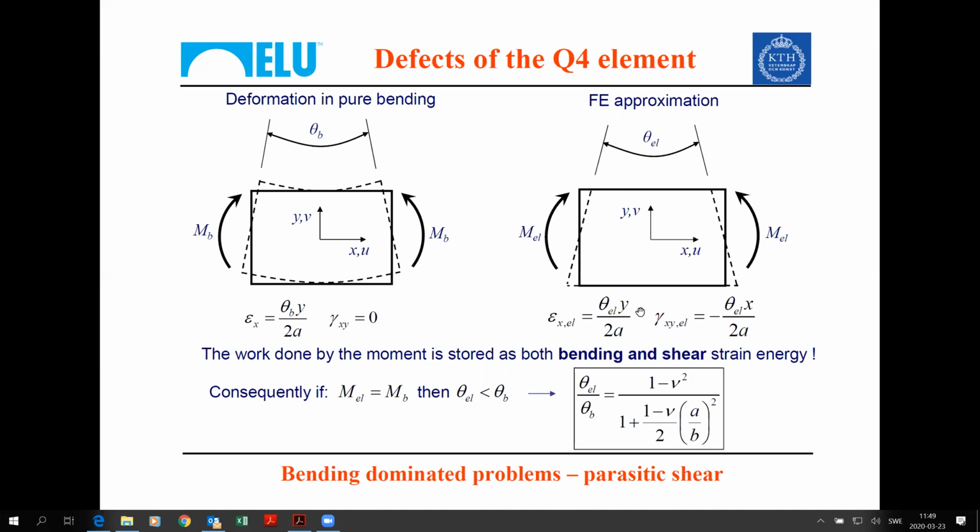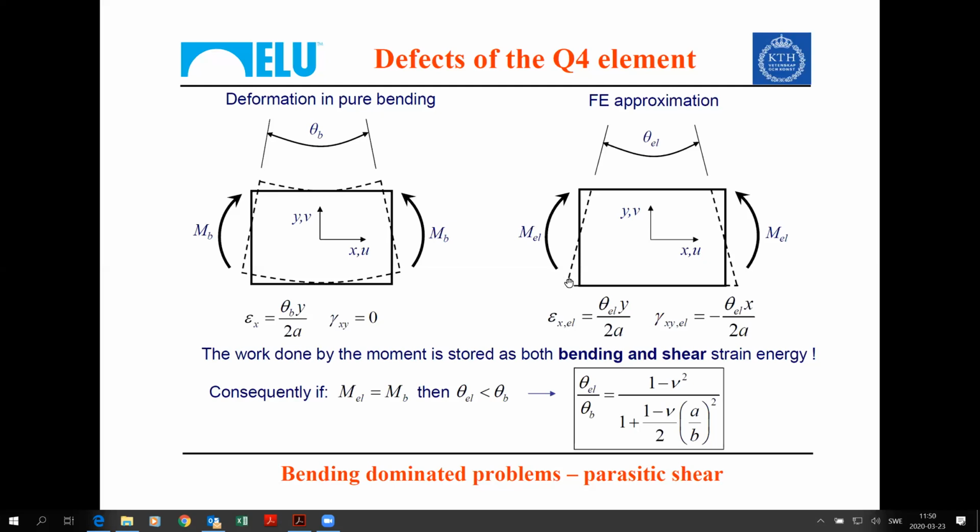What will that imply? Well, that would imply that epsilon x will still have the right expression, if you want. But we will also have a strain deformation, simply because in order to accommodate our form functions and the way in which we approximate the displacement, we need to change this angle. This angle cannot stay 90 degrees.